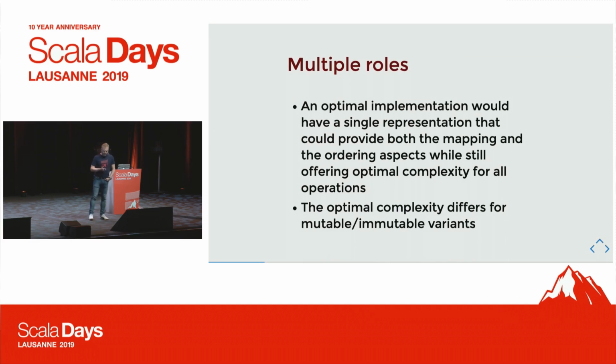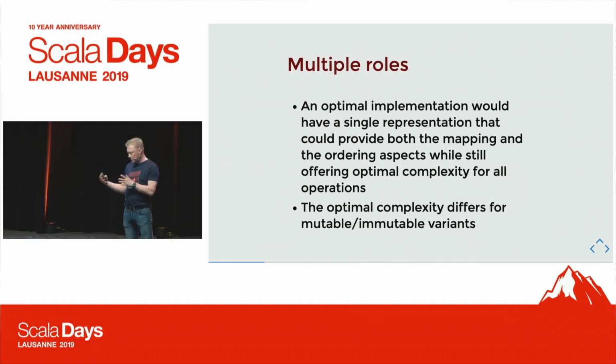An optimal implementation would have a single representation for both of those, while still having the best possible, or at least best so far, complexity for both cases. But that's really hard to get, unless you are willing to trade lots of memory and double-store everything. Then you might get close to the performance you want. And there's also a difference here between the mutable one and the immutable one, as we'll see.